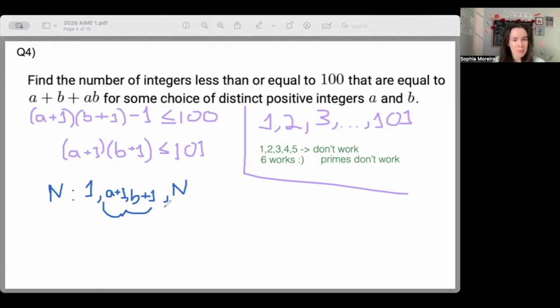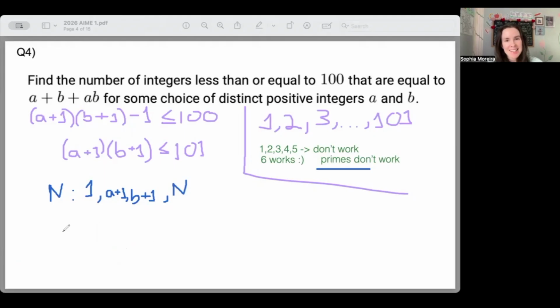If a plus 1 or b plus 1 simply equals n, that doesn't work because n pairs with 1. Therefore, any number we have here must have two distinct factors other than 1 and itself in order for this to work. So the primes are all the numbers with two factors, but how many numbers also have three factors?